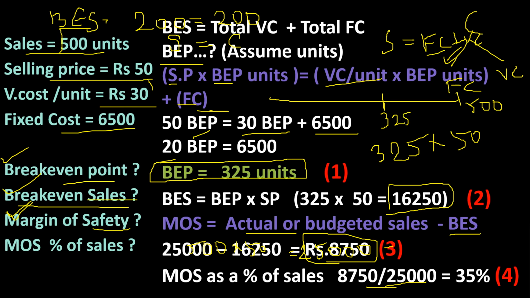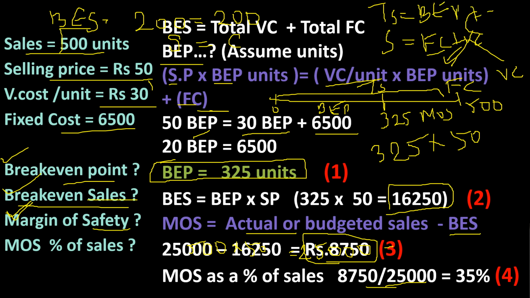So from 0 to 325 it is break-even point or break-even sales, and from 325 to 500 it is margin of safety, and from 0 to 500 it is total sales. So total sales is equal to break-even point or break-even sales plus margin of safety. I hope by this sum you get the understanding of what is break-even sales and break-even point and the margin of safety.